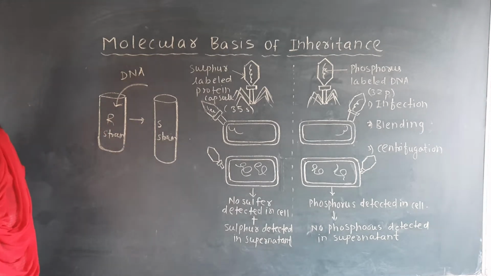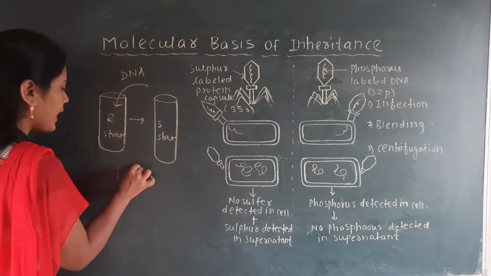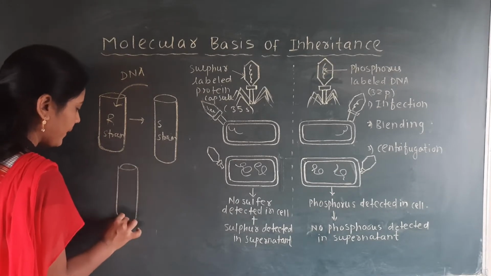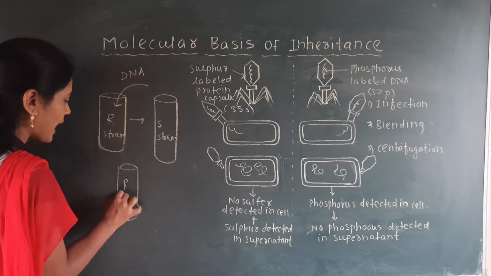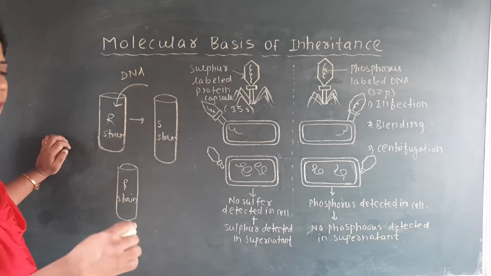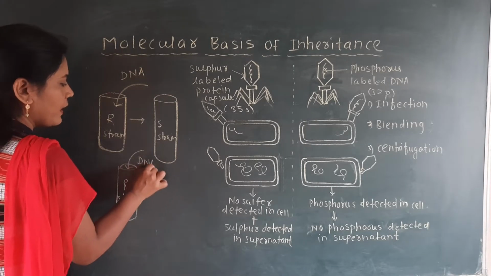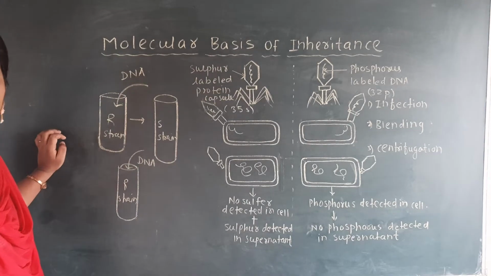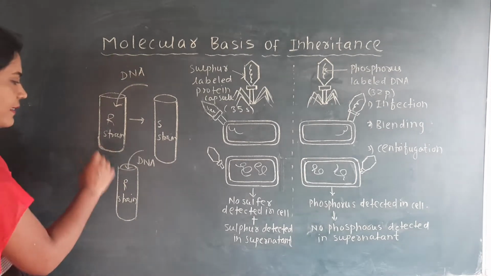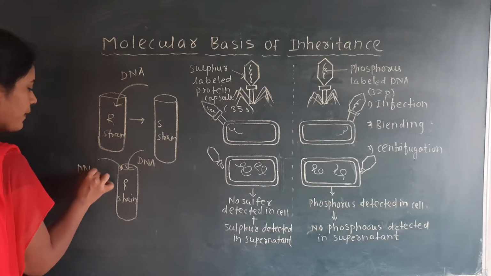At the same time, what happened? In the next test tube, they again poured the R strain. At the same time they poured DNA from the dead S strain, and in the same test tube they also added the enzyme DNase.